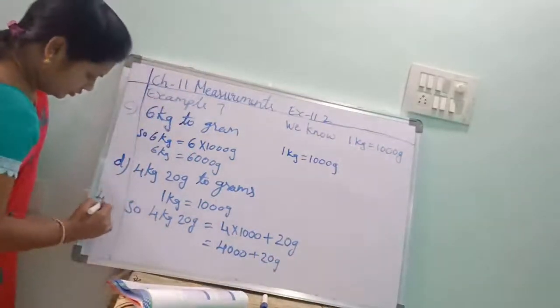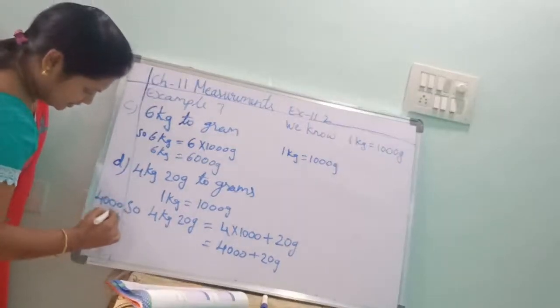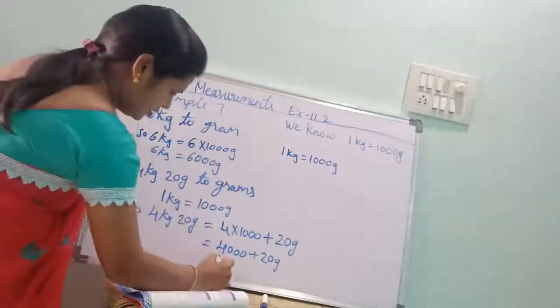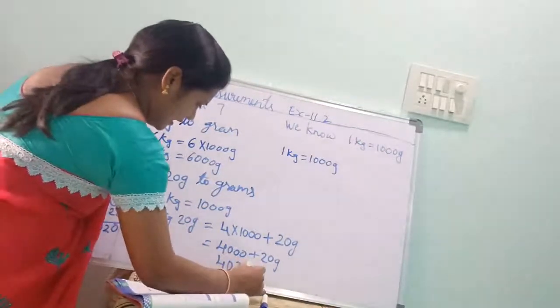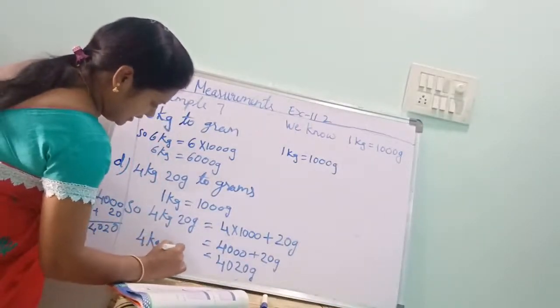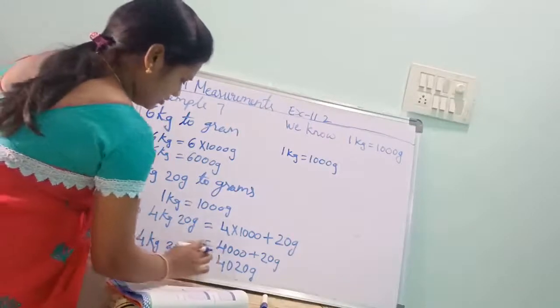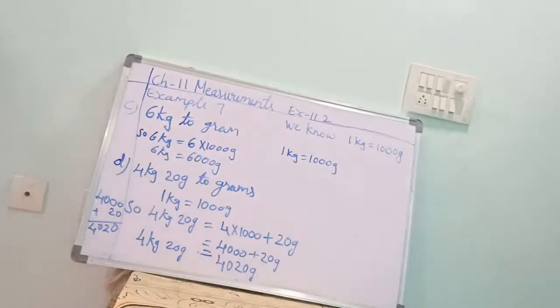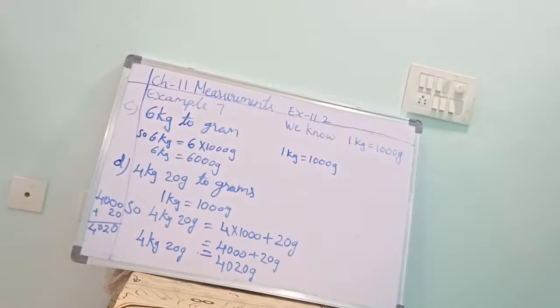Now what you have to do? 4000 plus 20, 4020 grams. See, 4 kg 20 grams is equal to 4020 grams. Understood? Do it in the textbook, ma, this one. Okay?